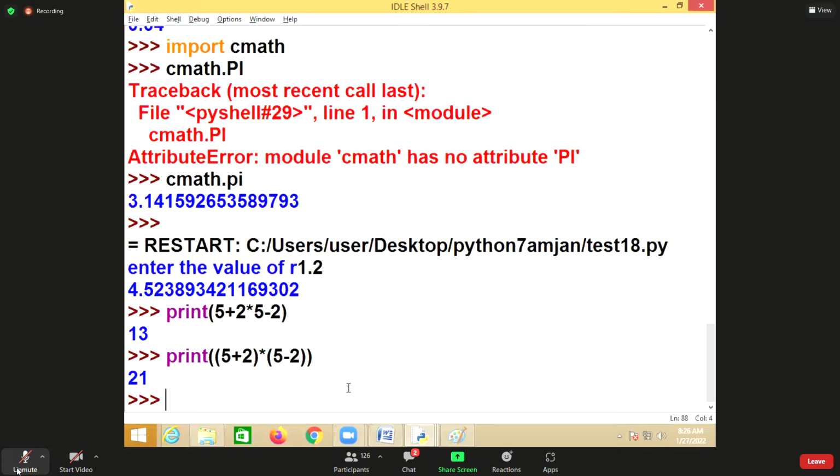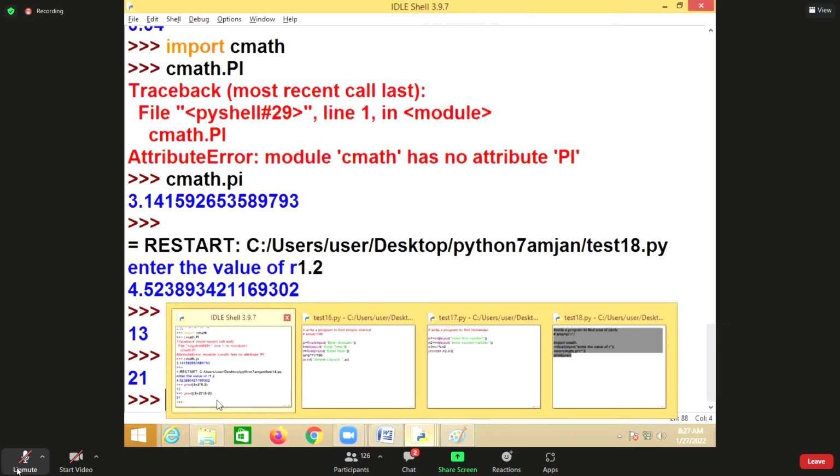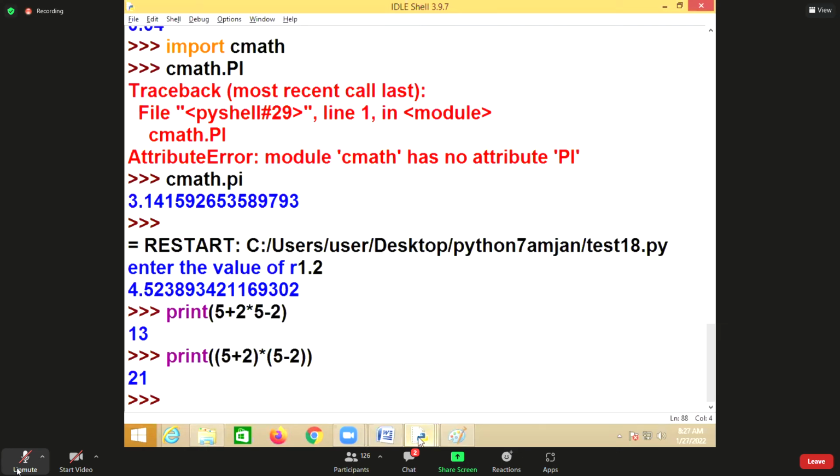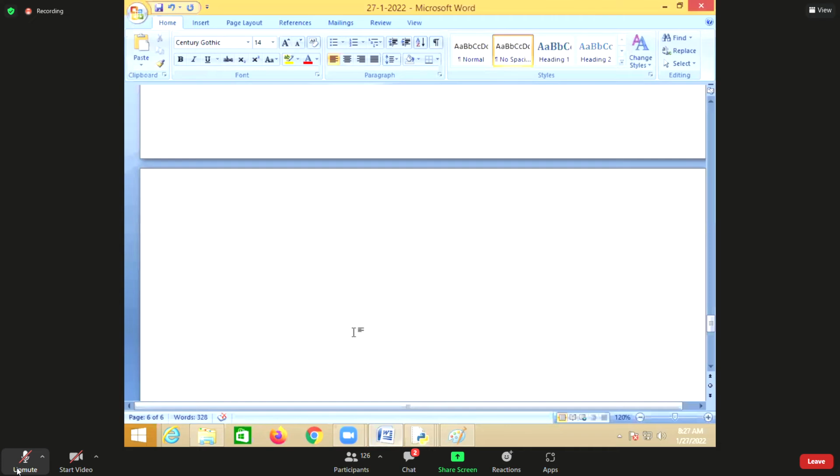So operators are always evaluated based on precedence. Operator precedence tells which operator should be executed first and which next. That is defined by the precedence of the operators.